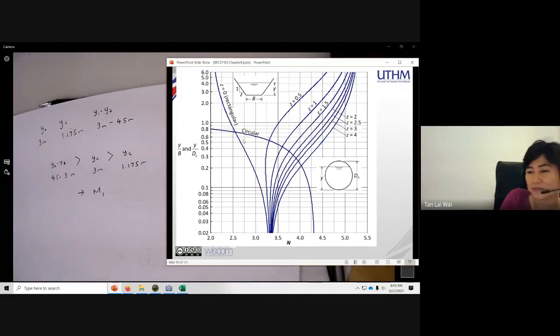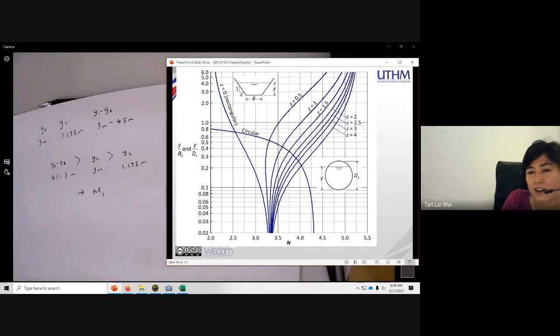How about my N, for rectangular? I need to find my Y over B. Here's the thing, my B is very large. So when B is very large, Y over B would be very small.